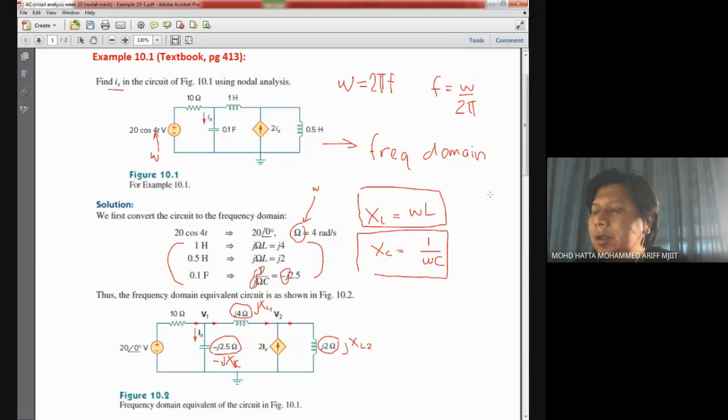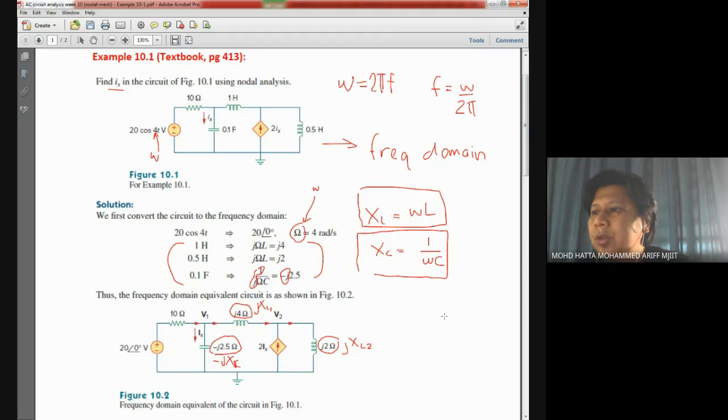But you don't have to calculate frequency unless the question asks you to. If you look at the way to calculate XL and XC, you can straight away apply the value of omega to calculate XL or XC. Now, the first step is finished.